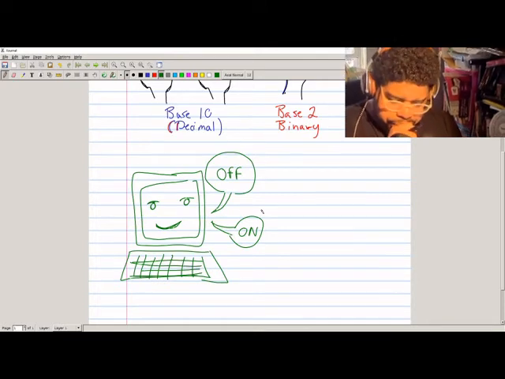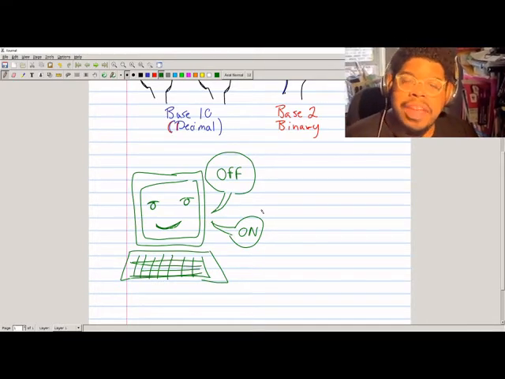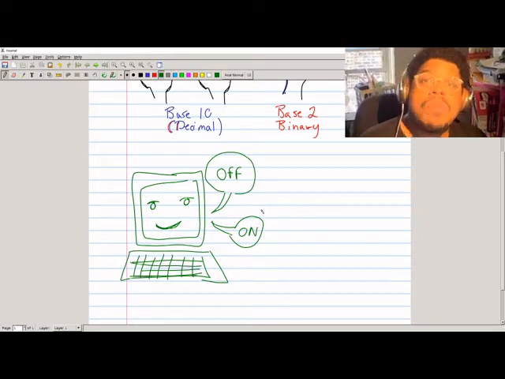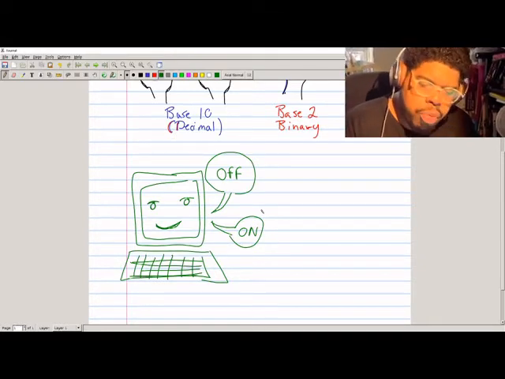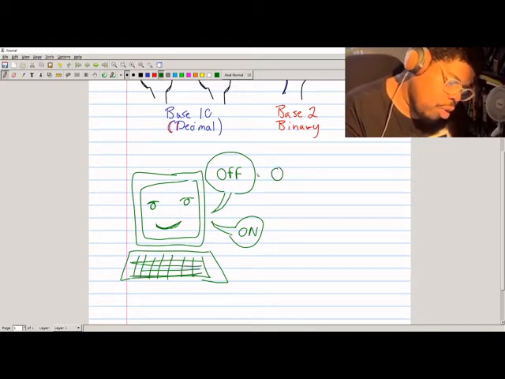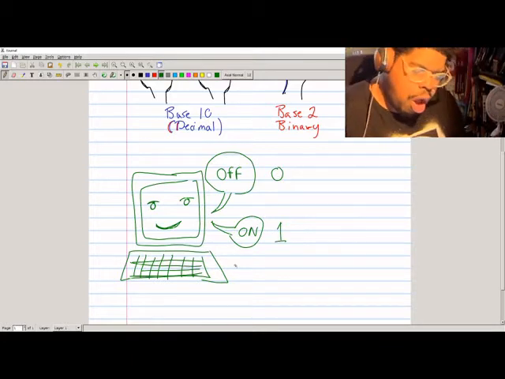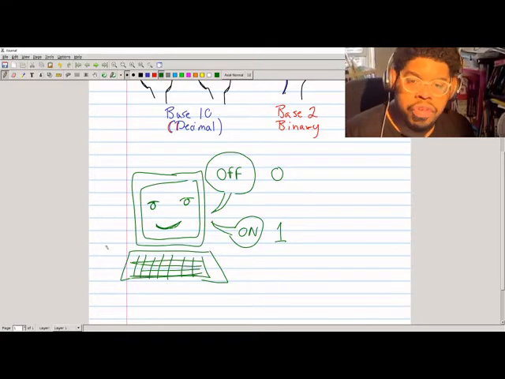Now, the best way to represent off and on is to change those 2 ideas into numbers, to write them as numbers, right? And so what we're going to do is write off as 0 and on as 1. Off is 0, on is 1.